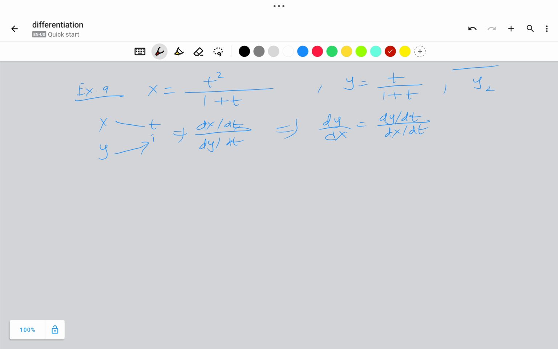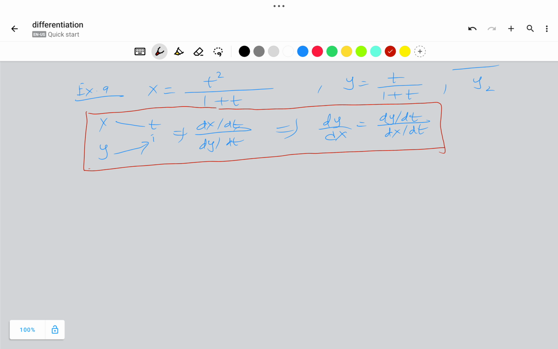This concept is known as the parametric form of differentiation.